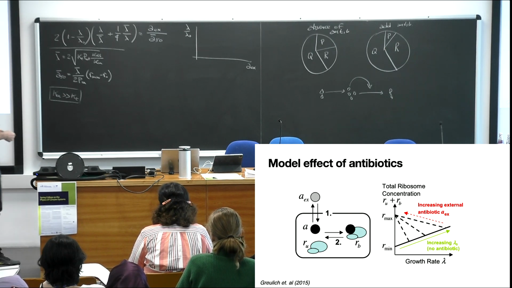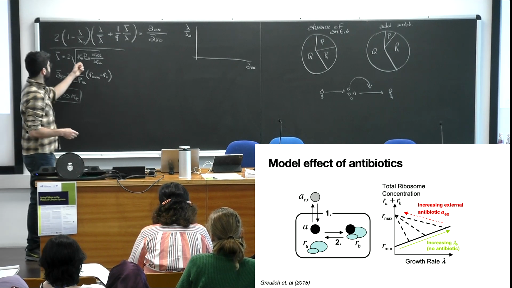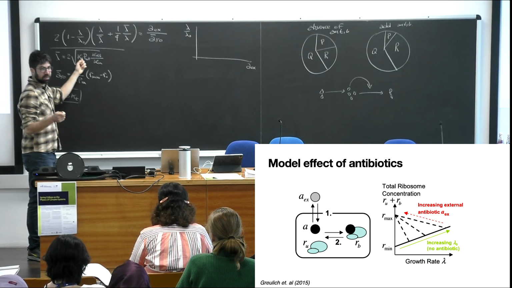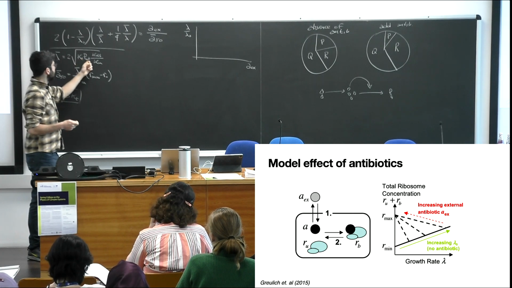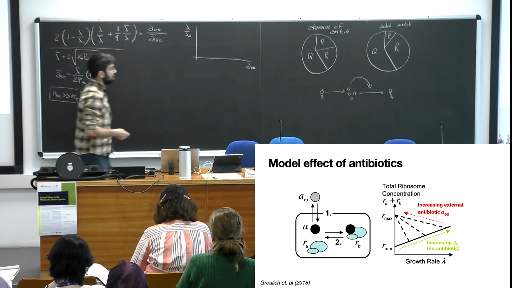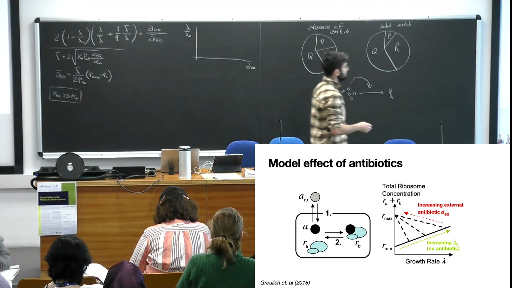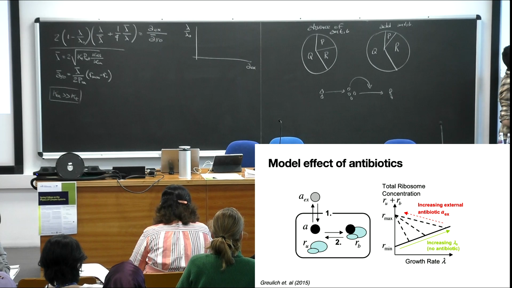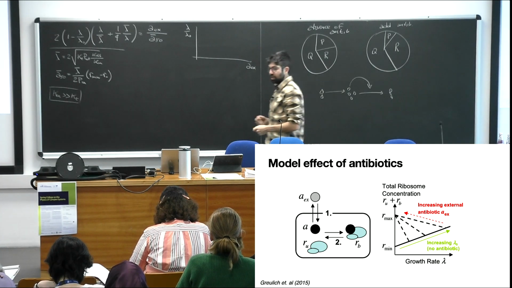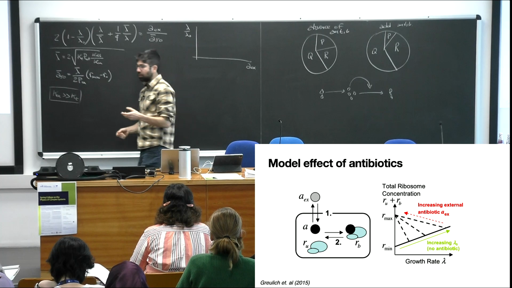So the parameters of our model are kappa T, which is the translation speed, okay? How fast the ribosomes produce proteins. Then we have P in and P out, which represents these 2 arrows, right? How fast antibiotics enter the cells and go out.